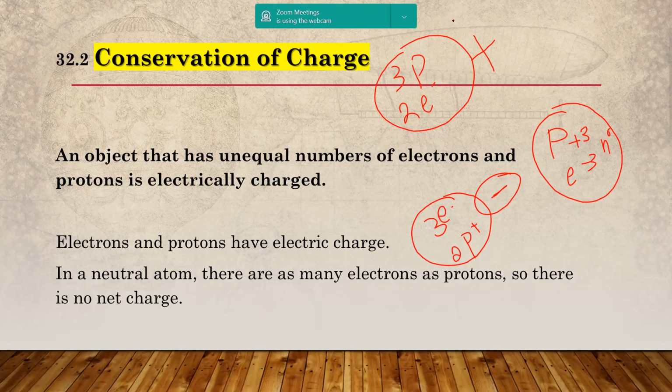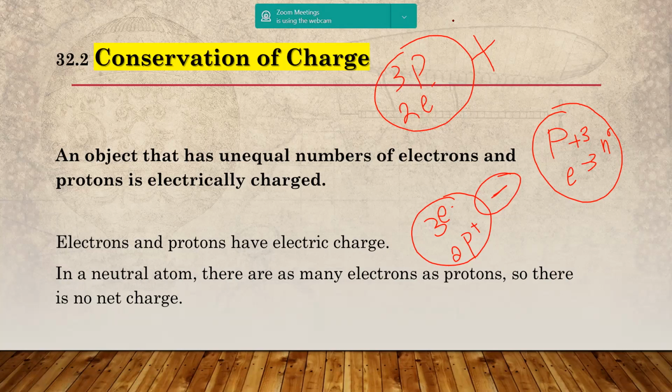In a neutral atom, in any case, the atom has the same number of protons and electrons. But if you add or remove protons, the number of protons and electrons will not be equal.